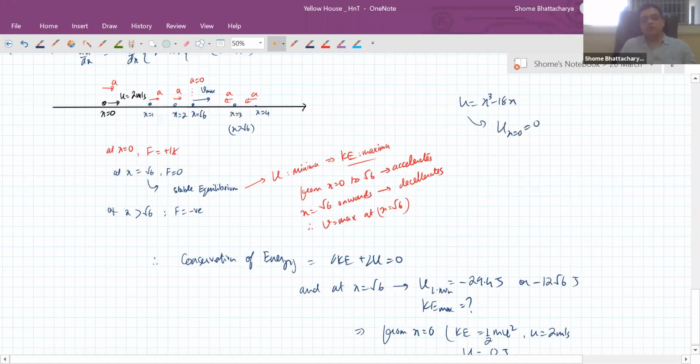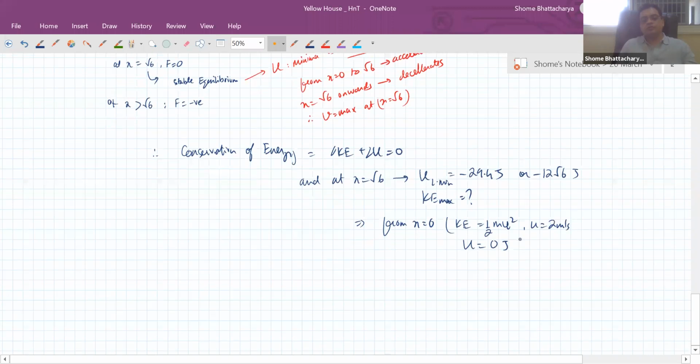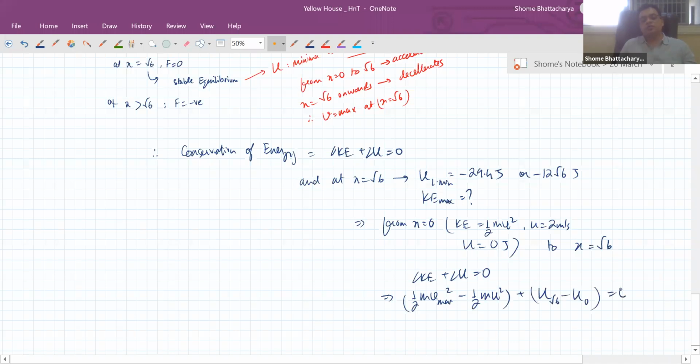Okay. So from x equal to 0 to x equal to root 6, the change in kinetic energy plus change in potential energy should be 0. So half m V max square minus half m u square plus potential energy at root 6 minus potential energy at 0 should be 0.